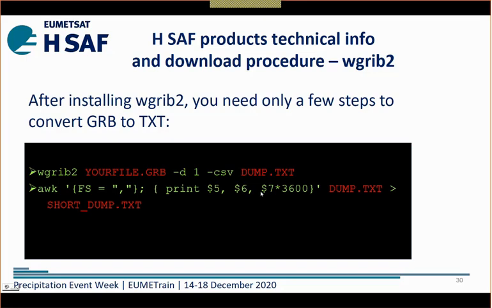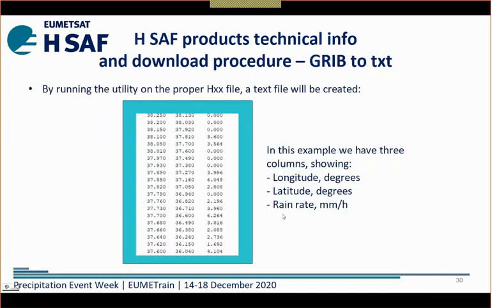Since rain rate is expressed in millimeters per second, here we are multiplying by 3,600 to have millimeters per hour. Doing this, we have a shorter form of the dump with an extra line at the beginning, so we use sed for discarding the first line. Finally, we have the final text file containing the data from the grid, as in this example.